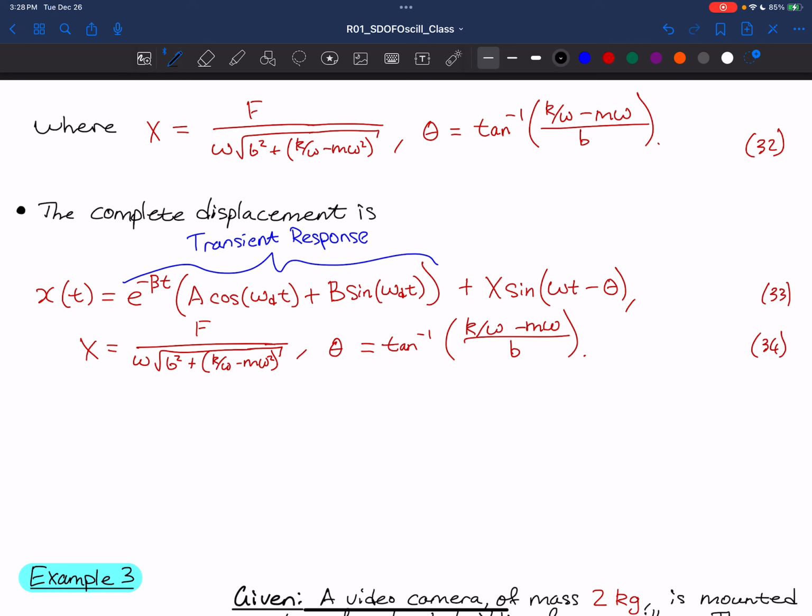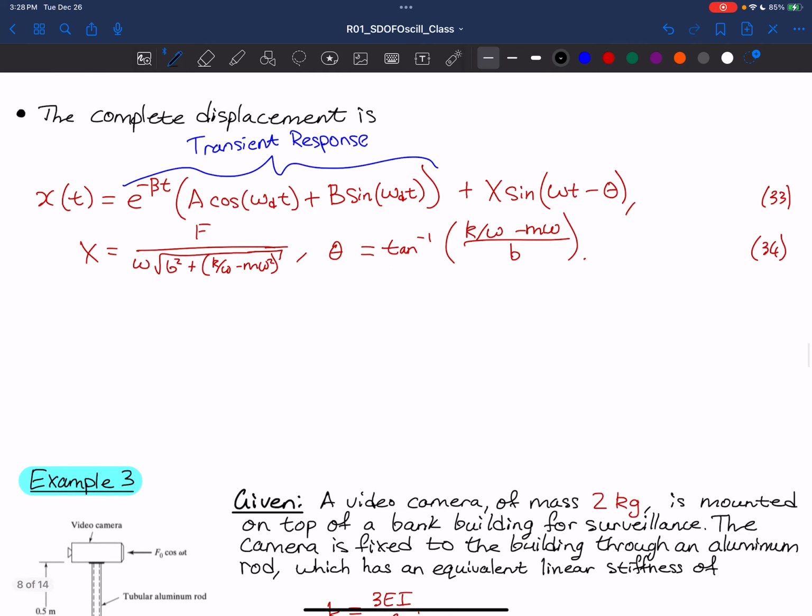And we're going to add one more note here: in order to find a and b, you have to take equation 33 and match it with the initial conditions.